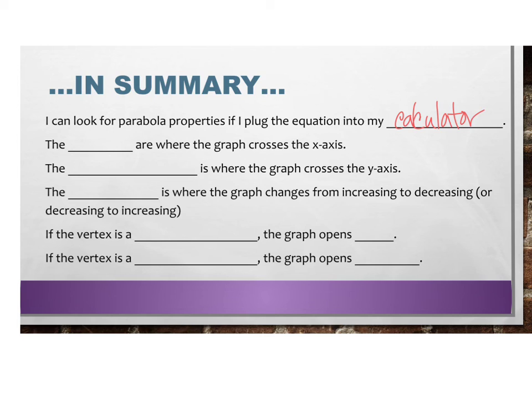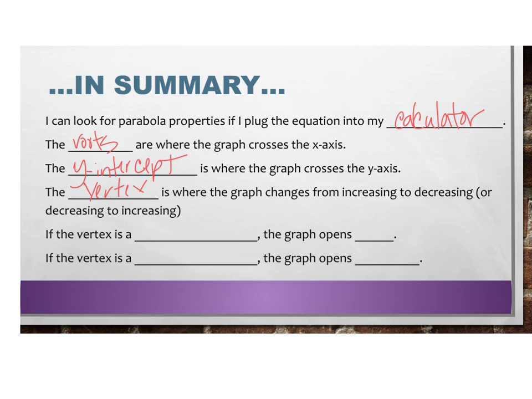The roots are where the graph crosses the x-axis. The y-intercept is where it crosses the y-axis. The vertex is where the graph changes from increasing to decreasing, or from decreasing to increasing, which is a long-winded way to say it's the very top or the very bottom of the parabola.